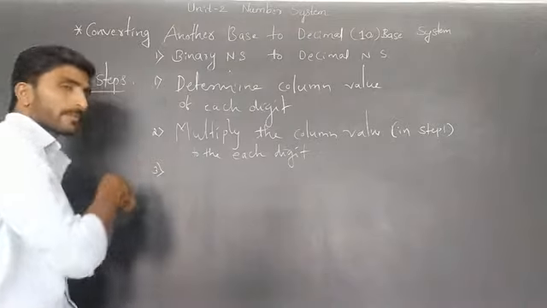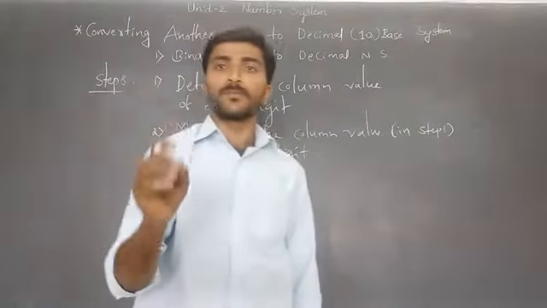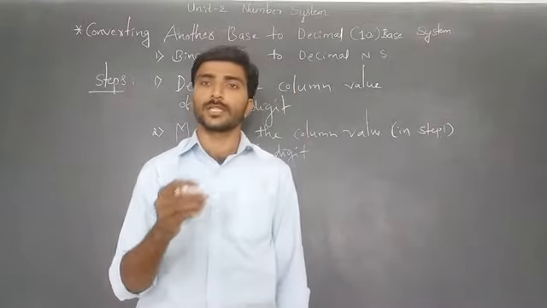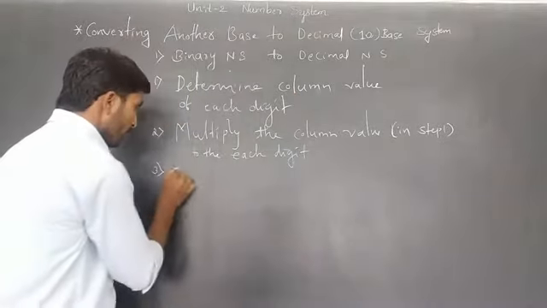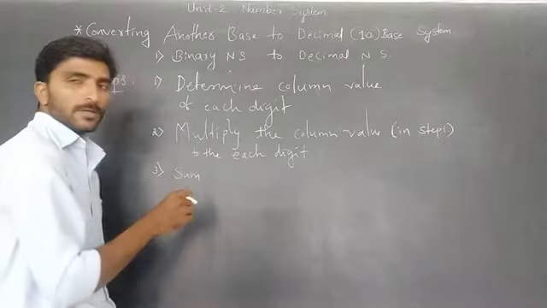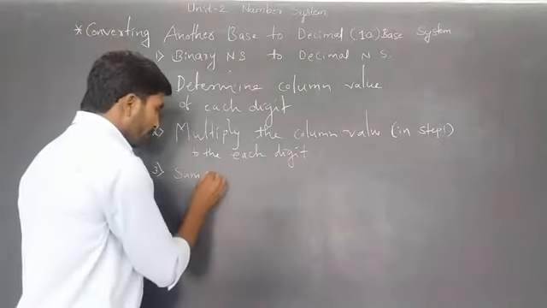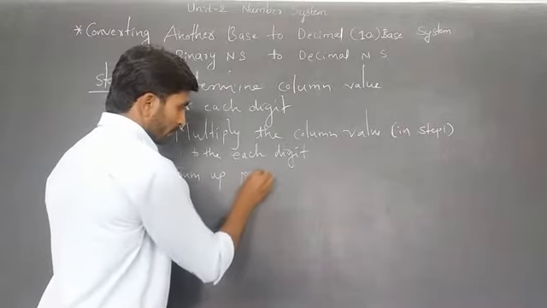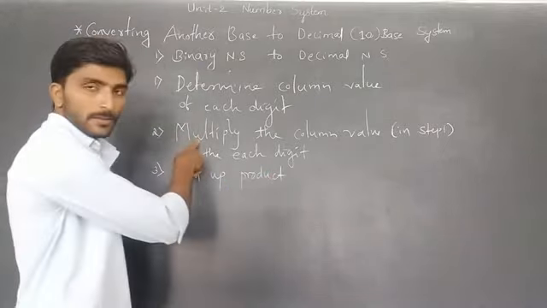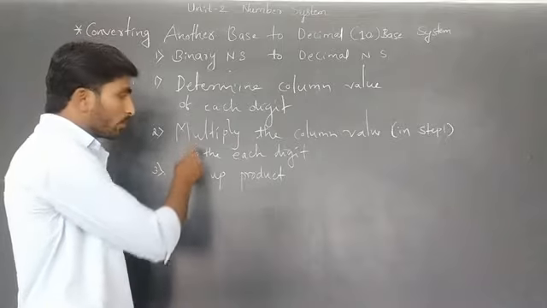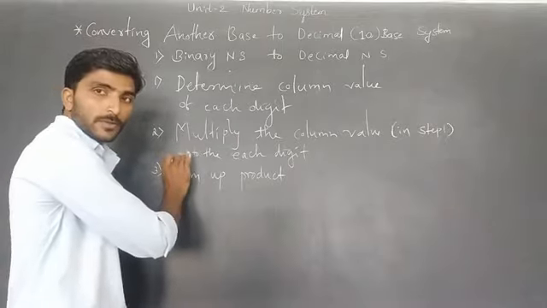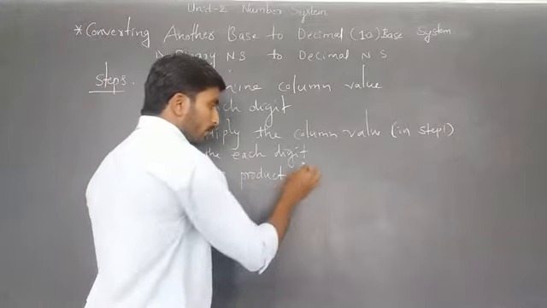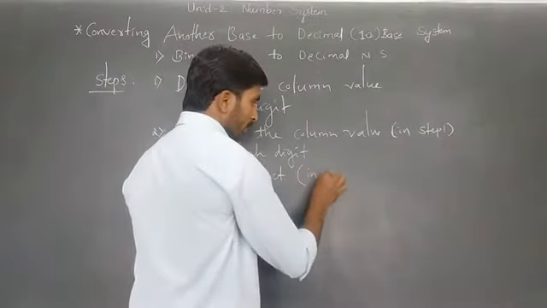Third one: sum of the products calculated in step 2. Product means multiply, so those products we have to add, the sum of the products you get in step 2.